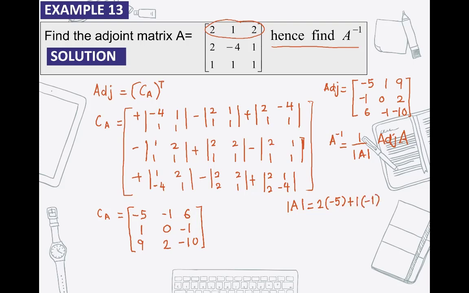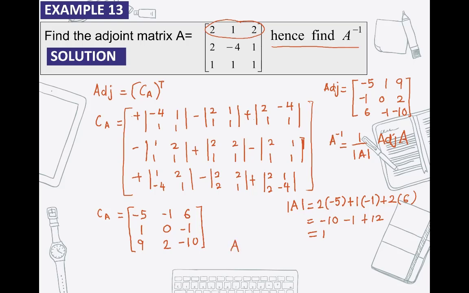I do not have to consider the sign because we have already considered the sign here. Last is 2 multiply with 6. So I will be using the cofactor of row 1. Here we will get negative 1 minus 1 plus 12. So negative 1 minus 1 is negative 11 plus 12, we get 1.